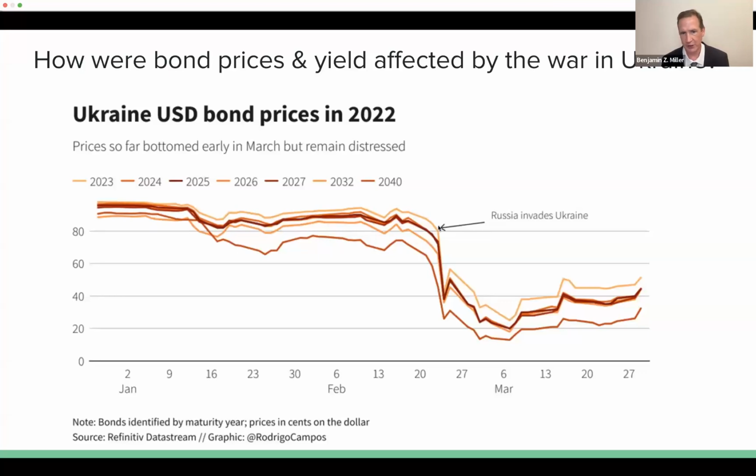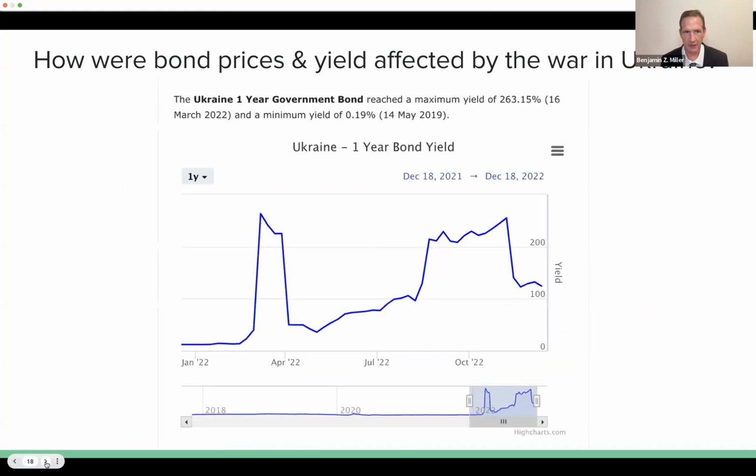But when Russia actually invaded, you see how the price dropped. It was a steep fall in value. So those bondholders had a bad day, and of course, all of the people that were killed had a terrible day. All of the families that were impacted by this, a terrible situation, but the bond market was impacted.